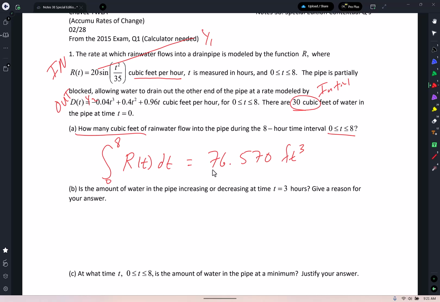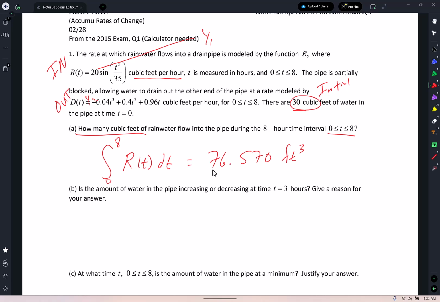All right, letter B. Is the amount of water in the pipe increasing or decreasing at t equals 3 hours? Give a reason for your answer. Okay. Correct math is correct math. Don't freak out. Just think about it, guys. You already have a rate of going in and you have a rate going out.